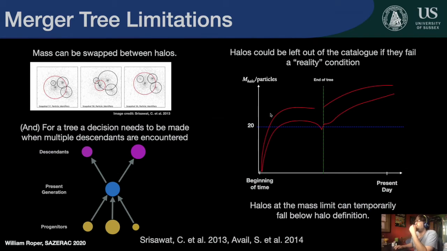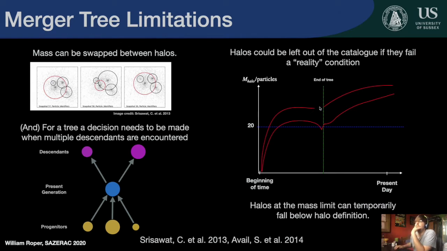But there are more fundamental issues. If you're trying to track these halos back in time, you're walking backwards, stepping from a halo to its progenitor, and then from that halo to its progenitor, and so on. To do this, you require that halo to have been identified. Halo finders apply reality conditions to their halos to determine whether they're actually real. This is often just a check to see if the halo is bound.